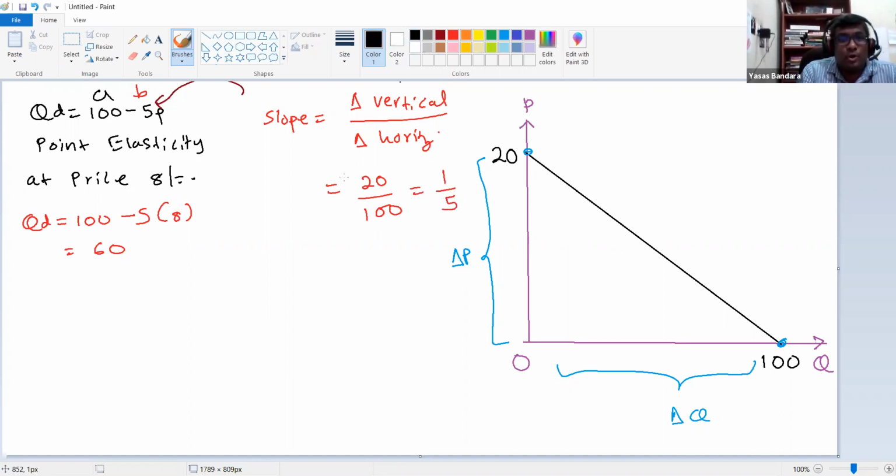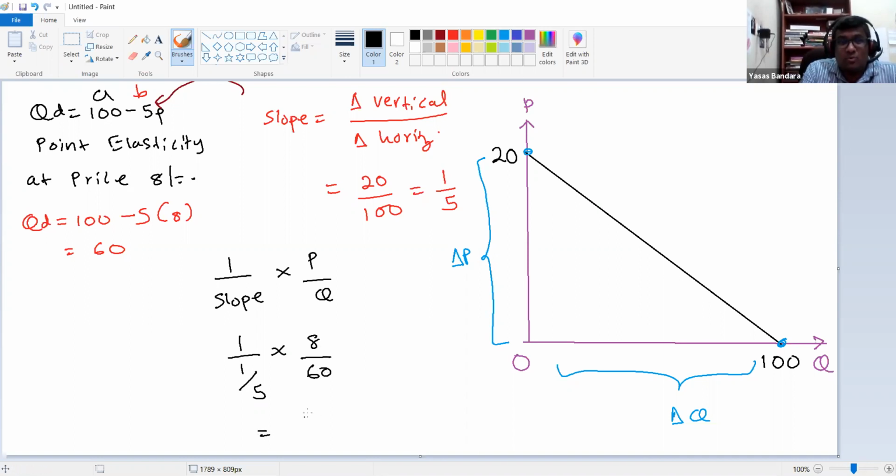Now, if you remember that equation again, what they give you, 1 over slope into P over Q, and let us substitute. Now we just got the slope is 1 over 5. 1 over 5 into price was 8 and quantity is 60.